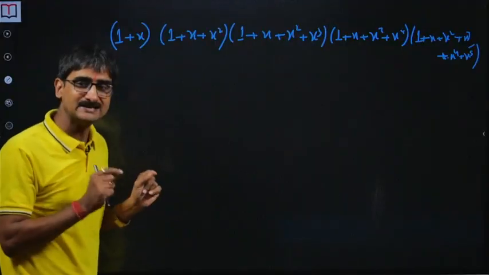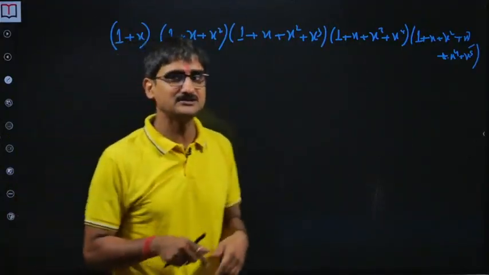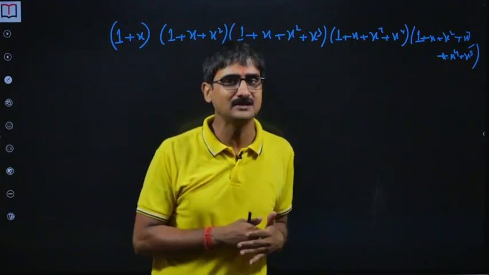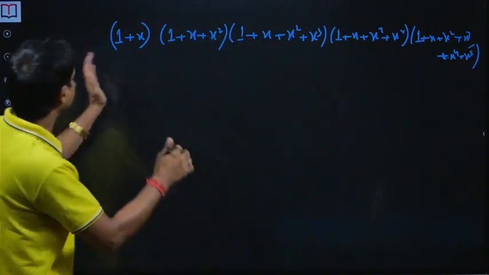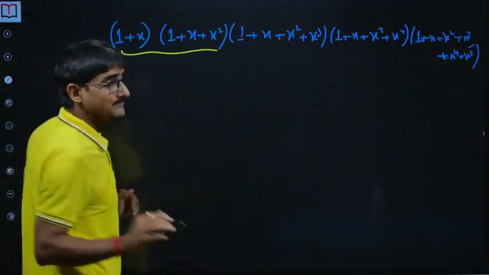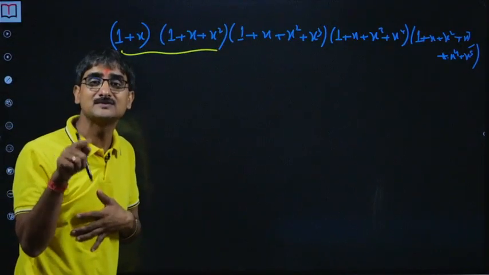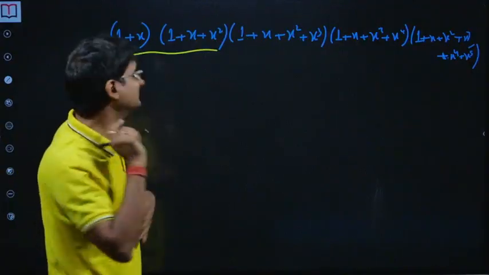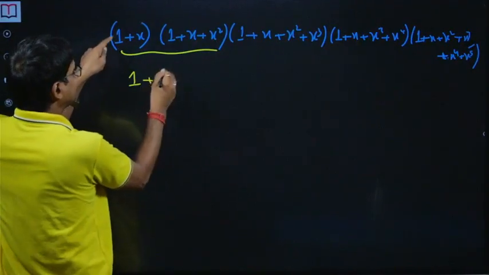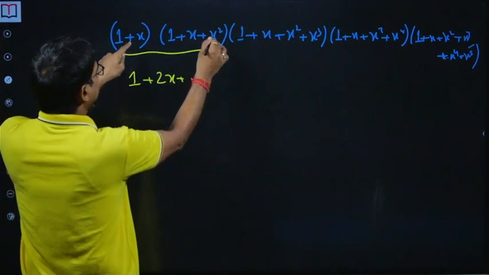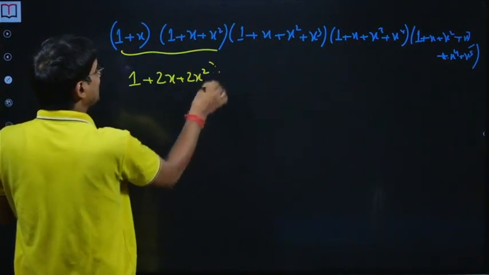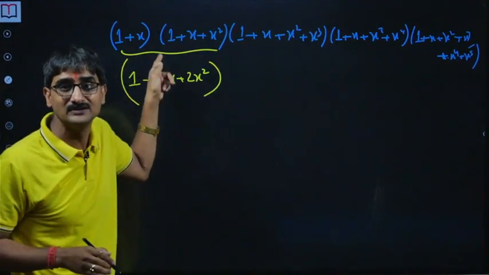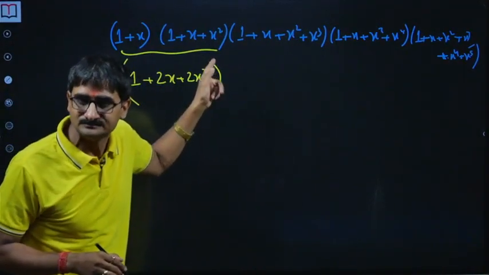But as I said, now I have to include that condition that till second line I can't take more than 2 steps. So when I multiplied till here, I'll be collecting the terms of x square only, not x cube. So 1 plus x is 2x, plus x square is 2x square. That's it. I won't consider x cube here, not at all.